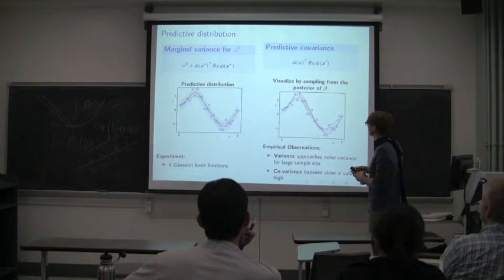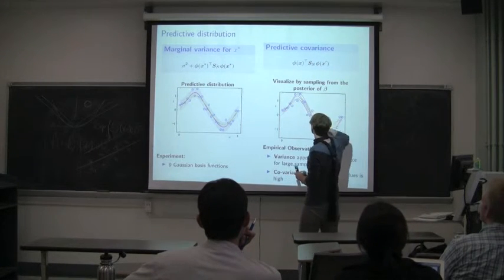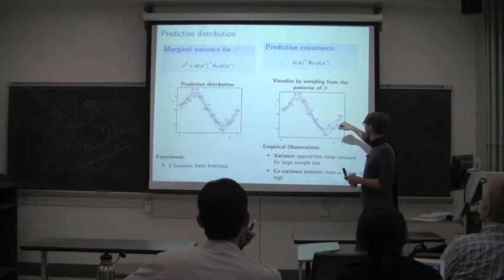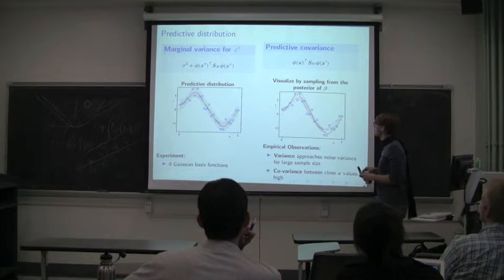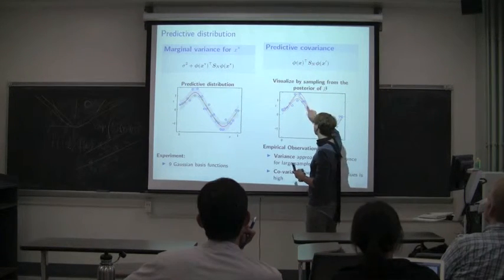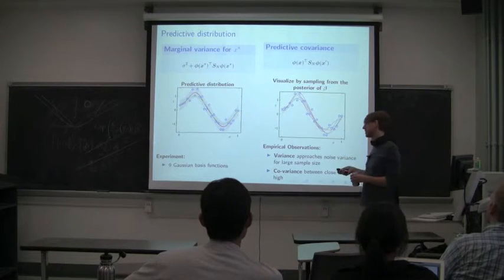Well, actually, because the function is determined everywhere, there is covariance, right? Because you know that there's kind of a sinus in between. You know the function that is between these two points, so there is covariance.